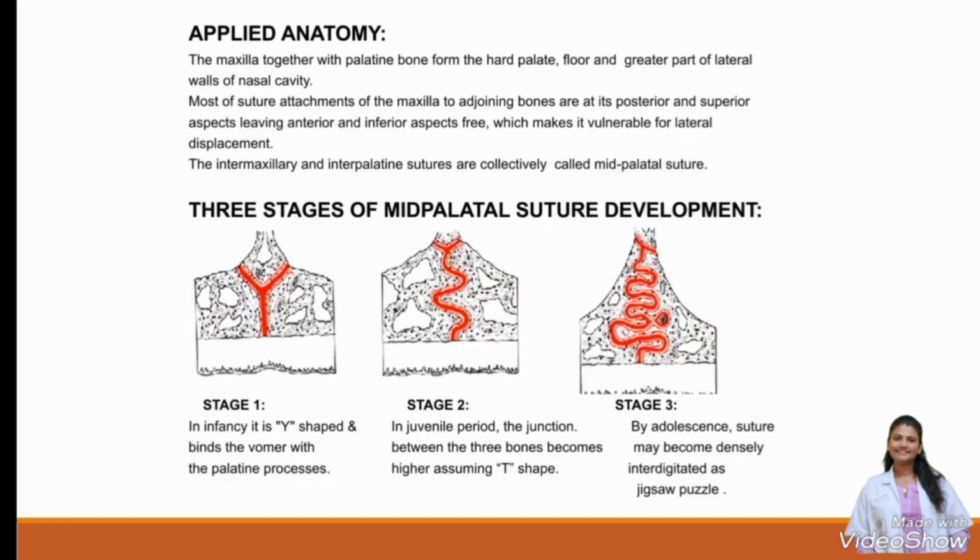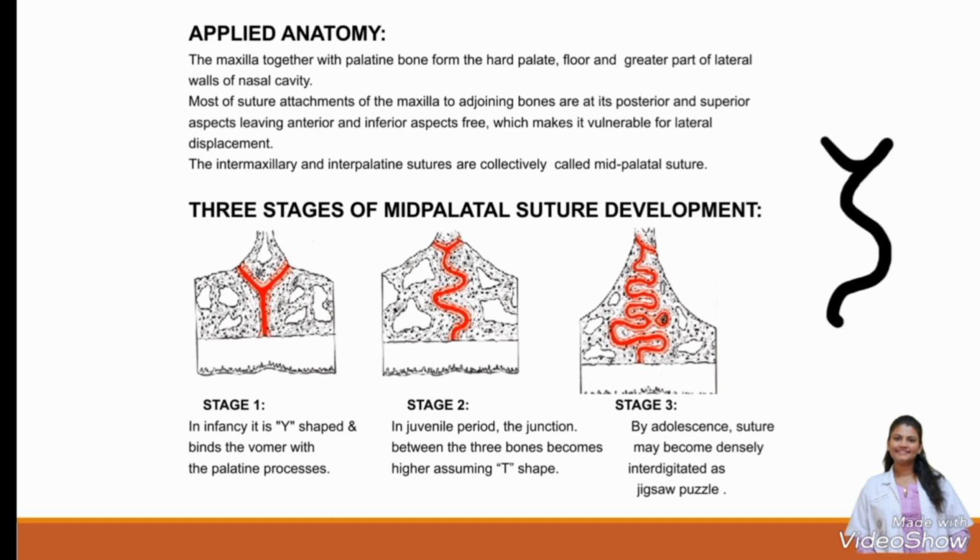Three stages of mid-palatal suture development. First stage, the infancy stage, in which there is a Y-shaped suture, where the vomer binds with the palatine processes, and it gives a Y-shaped configuration if viewed in coronal section. Stage 2, the juvenile stage.